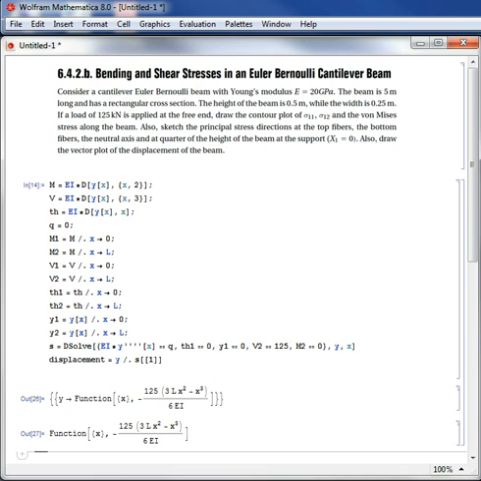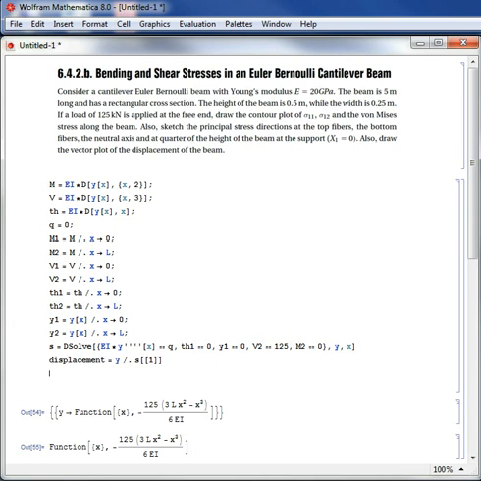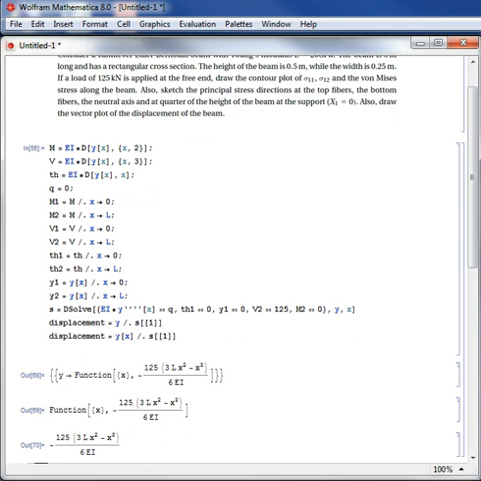Shift enter, and it tells me that the displacement is a function of x of this function. Or I can even make it in a simpler way and say the displacement is equal to y of x, utilizing s of 1, which is the solution, and that will tell you that the displacement is equal to negative 125 (3L x squared minus x cubed) divided by 6EI.